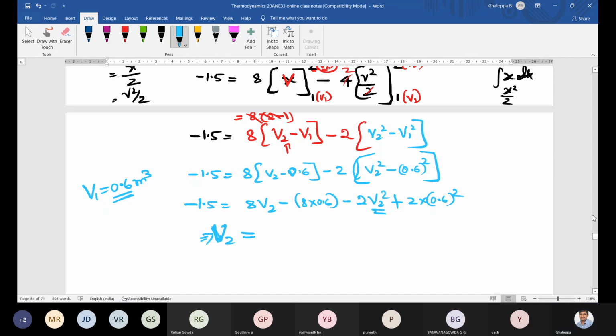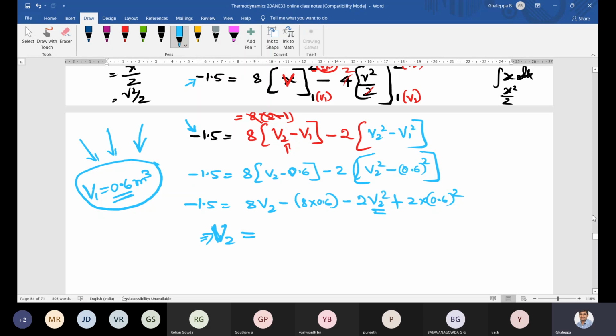Why? Because work done is minus. Work done is on the system. This air is there. Initial volume of the air is 0.6 meter cube. And external work is done on the system, means compression process. You are compressing the balloon.